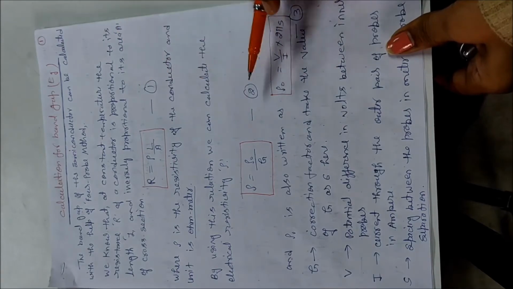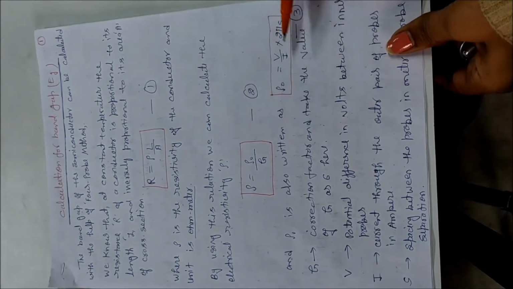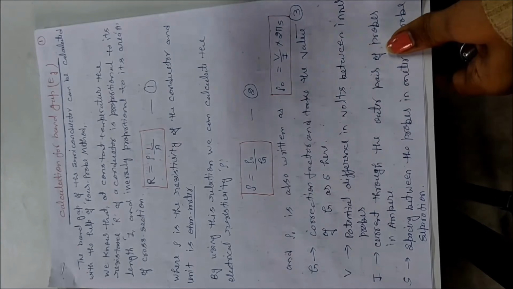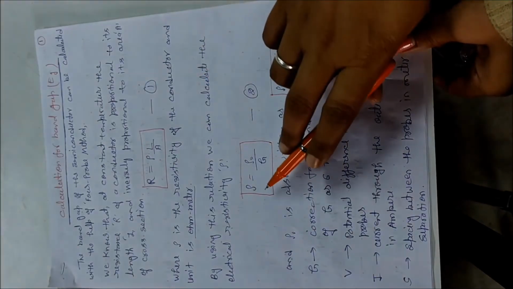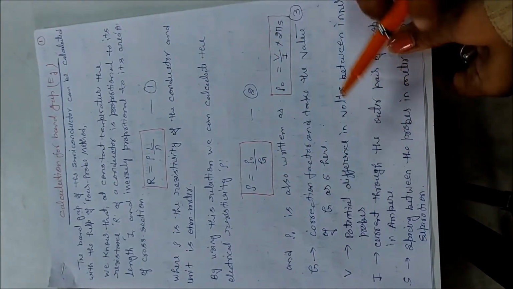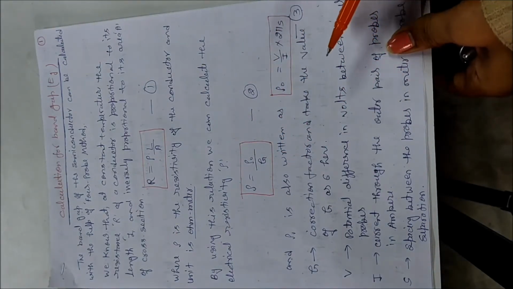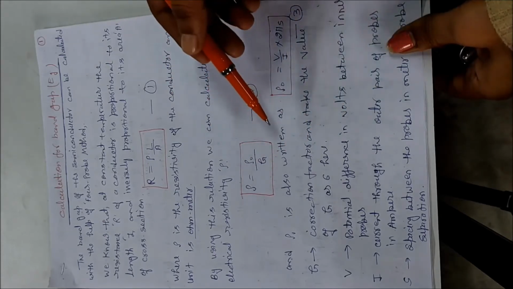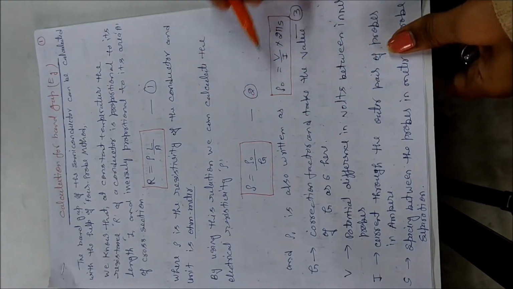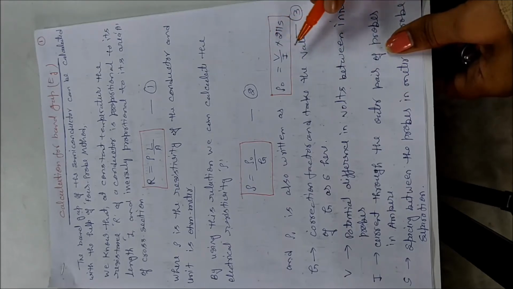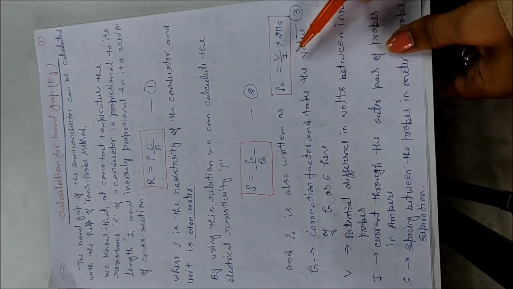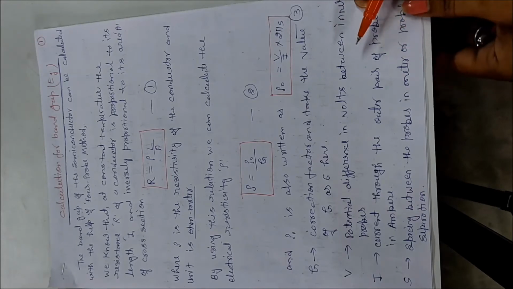Equation 1 can also be written in terms of the correction factor, where rho equals rho naught upon g, where g is a constant known as the correction factor, and the value of g is 6 here. The rho naught is also written in terms of voltage and current, so rho naught is equal to V upon I into 2 pi S, where S is the probe separation.